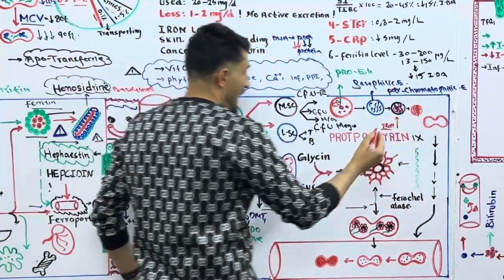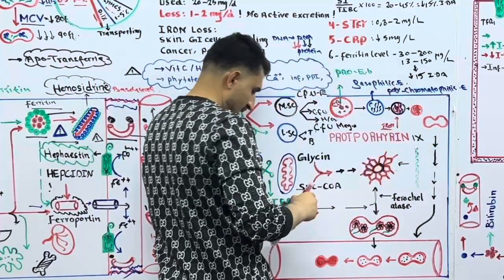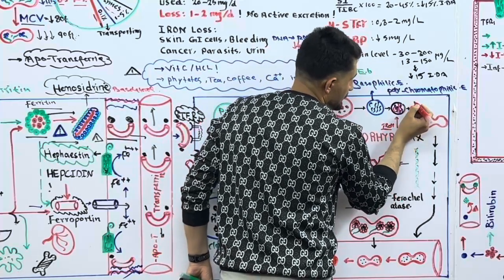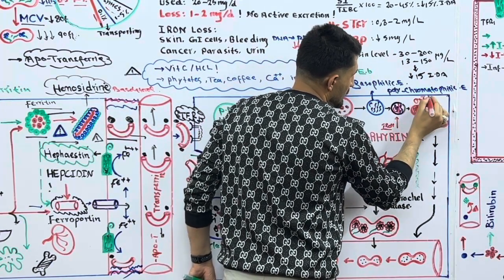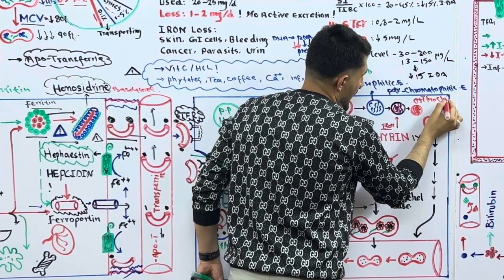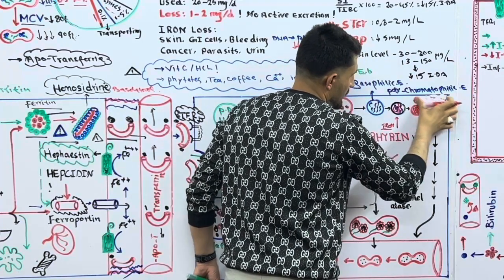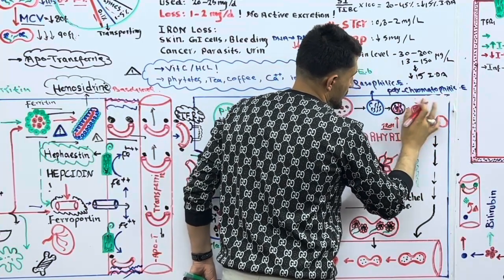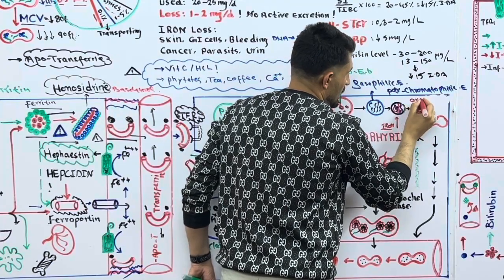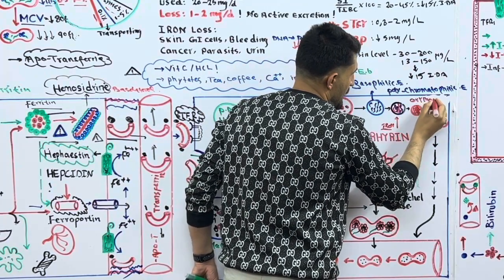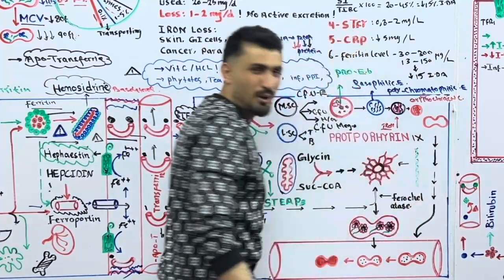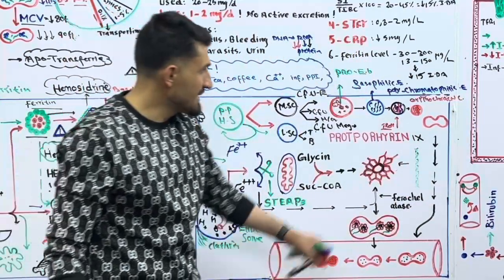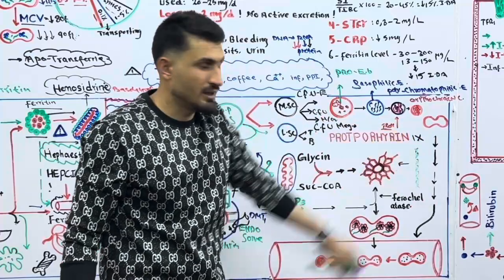So that is why this RBC is called orthochromatic erythroblast, because it looks completely red.